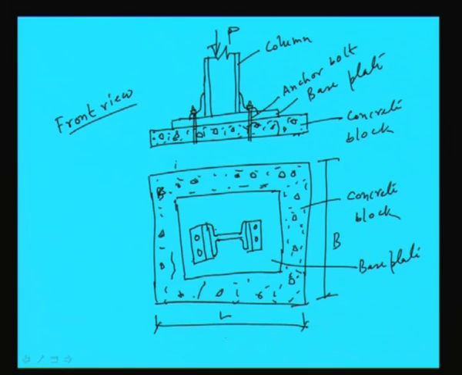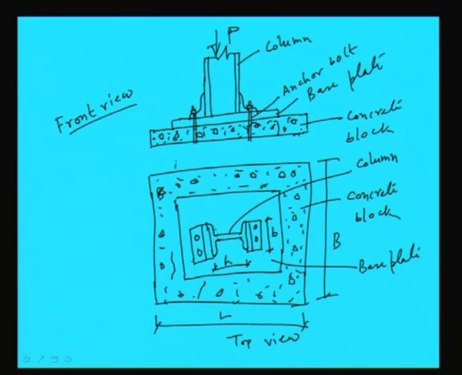In top view we are showing, right? Now this is, we know, the size of the section, the I section, which we used to call H, and this is the width of the flange, that is termed as B, right? And this is the column, right?